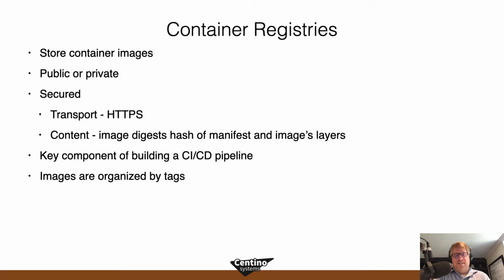Now, when you're looking at container registries, images are going to be organized by tags. And so you'll see today we're going to build our My Web App image. We'll build a V1 and a V2, and I'll adjust the tags associated with the container images based on the versions of the applications. Now, the tags are arbitrary strings that I get to apply, but they provide some meaning to the consumer.